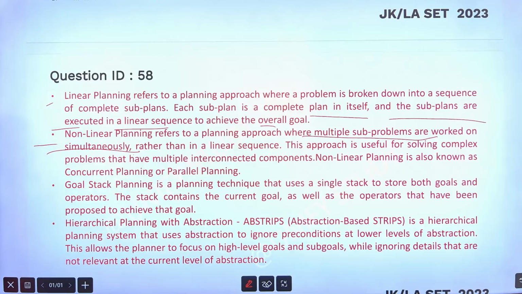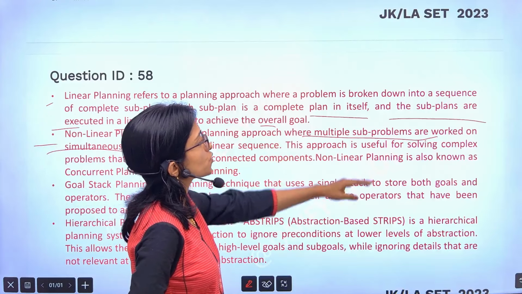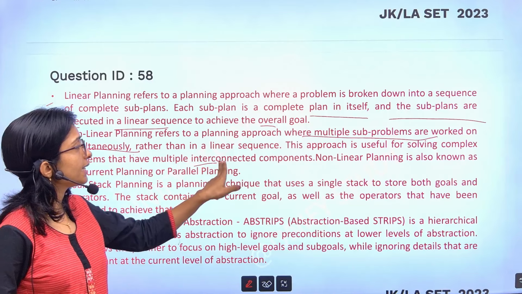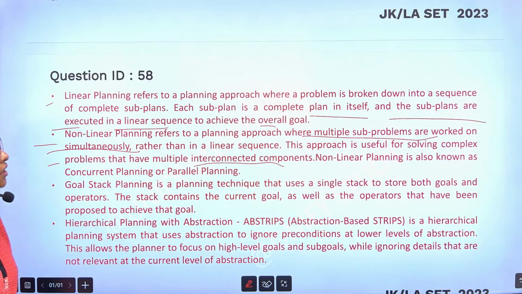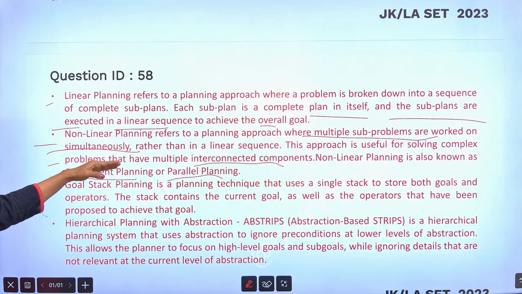That's why it is non-linear rather than a linear sequence. This approach is useful for solving complex problems that have multiple interconnected components. Non-linear planning is also known as concurrent planning or parallel planning. It is working in parallel. That's why it is non-linear.